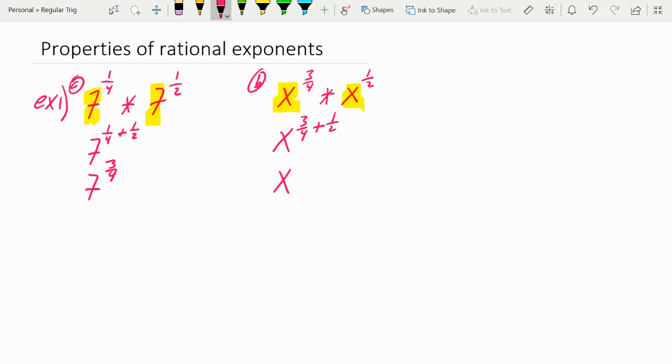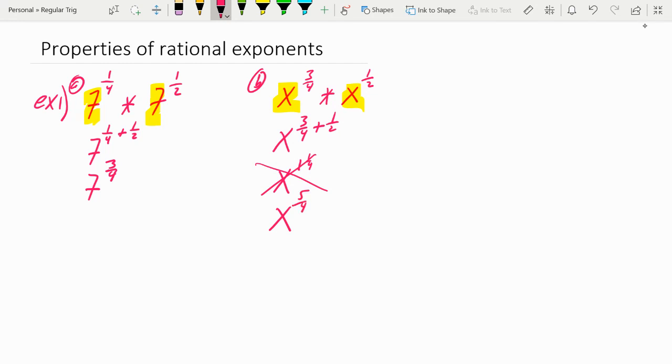So 3/4 plus 1/2. Now, if you use your calculator, you're going to end up with 1 and 1/4. Well, we don't write it that way. We always write it as an improper fraction. If you write it like that, it's going to be wrong. So it's going to be x to the 5/4.